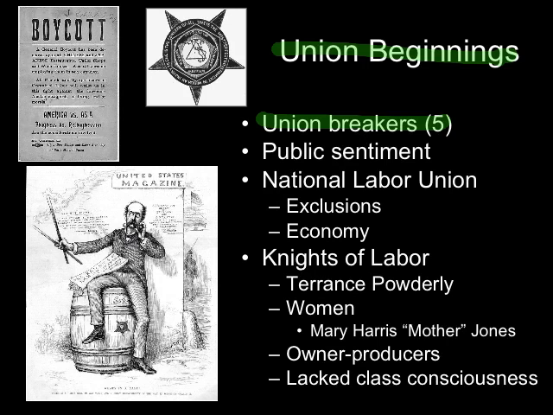And all the owners of the companies, because everybody knew who was in the union and who wasn't, the owners would keep a list, and they would trade lists between each of the factory owners. So if you lost your job, you figure, well, that's okay, I'll just get a job at the other factory over there. Well, not so fast. You go apply for a job, and suddenly your name's on the blacklist, you're not getting hired. Okay?